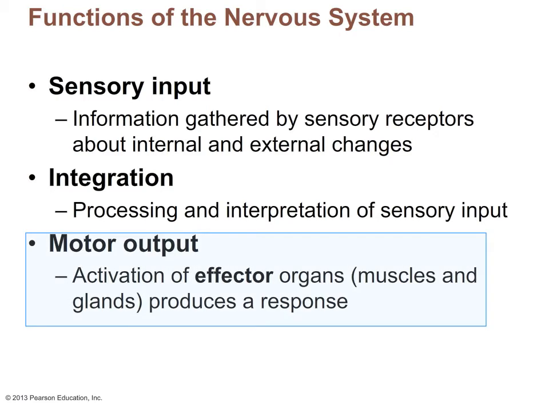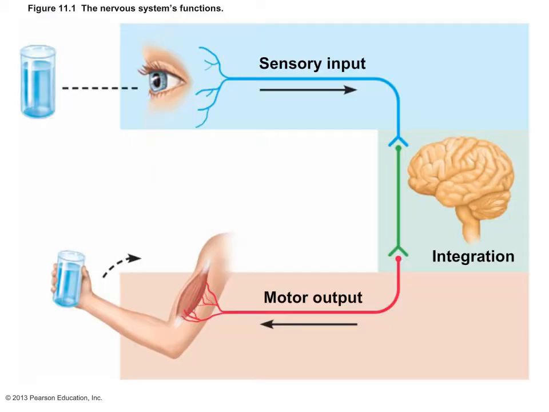And a motor output is just nerve impulses traveling away from the brain or spinal cord going to some sort of effector organ. And an example of an effector organ would be skeletal muscle. Remember, our brain is what tells our skeletal muscle to contract. But other examples of effectors could be things like endocrine glands and exocrine glands. So this shows a very simple mock-up of how the nervous system works.